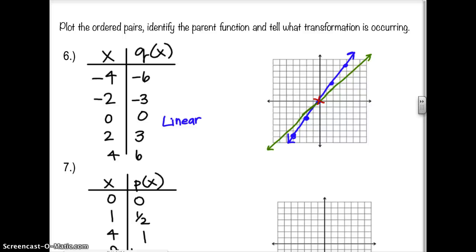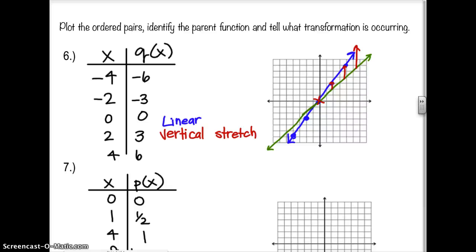They're both at 0, 0. But the blue graph grows faster. Its slope is different. It's been stretched. We've taken the green graph and vertically stretched it so that it would grow up faster. So we can say it's a vertical stretch. That is the transformation that is occurring.